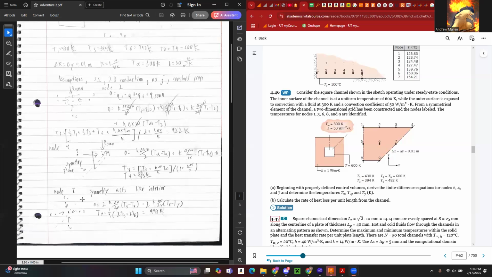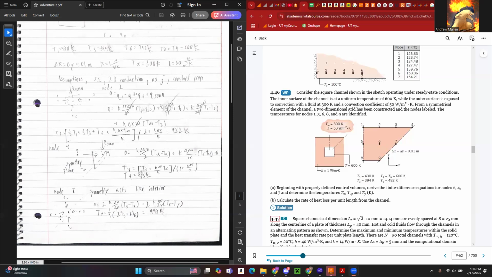Now, going into node 7, this one is completely surrounded by nodes on all sides. However, one thing of note is the fact that it is across one of the adiabats, meaning that there are symmetrical temperatures across it, which means that we can analyze it as an interior node with 2 T3s and 2 T6s.